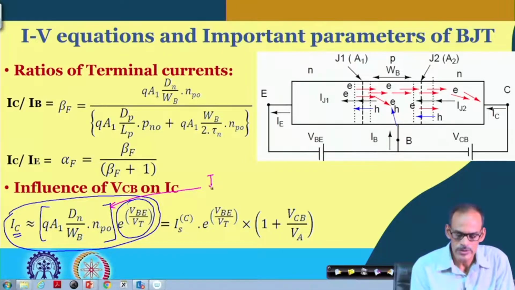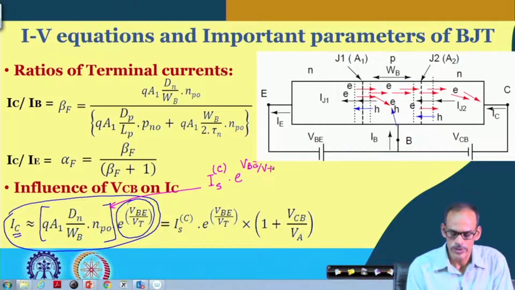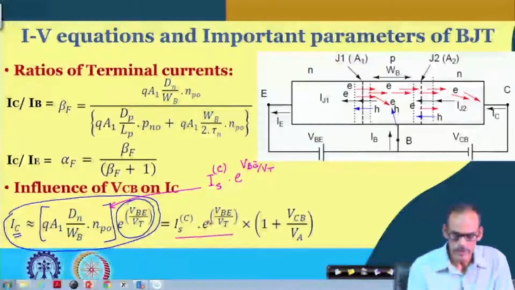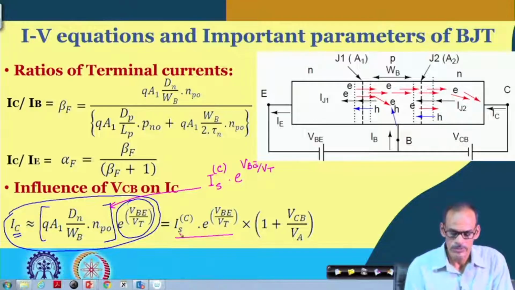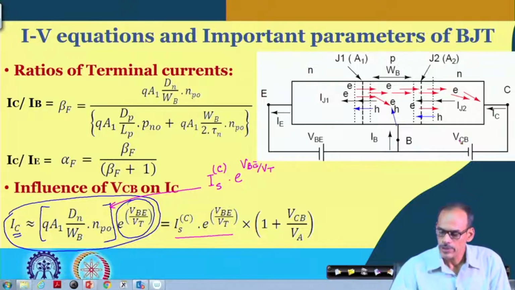So, we may use this whole factor as I_S, and you can use I_S for the collector terminal times e to the power VBE divided by V_T, the thermal equivalent voltage. So, basically this is what we are getting here, the main dependency of the collector current as a function of VBE.